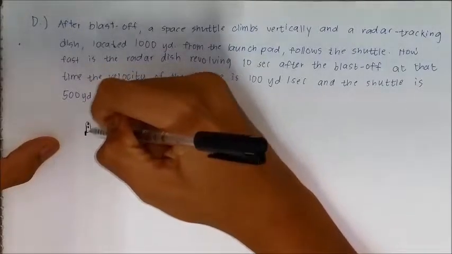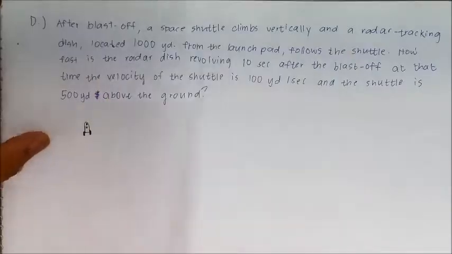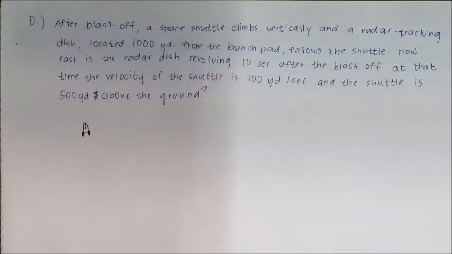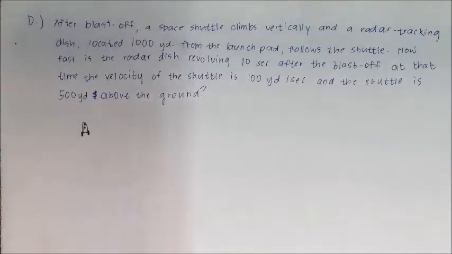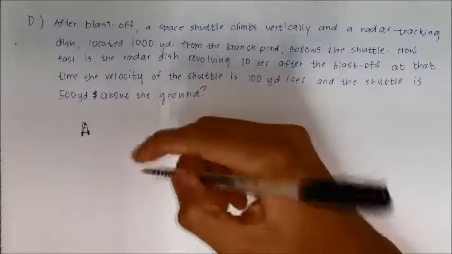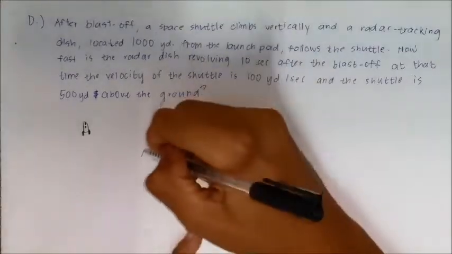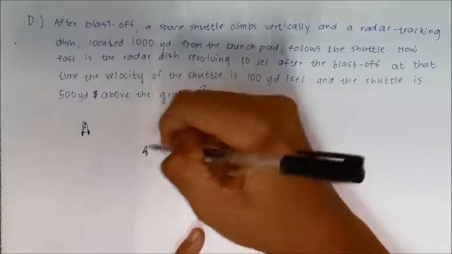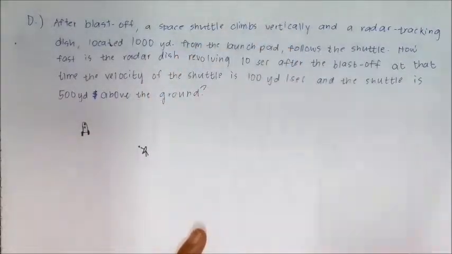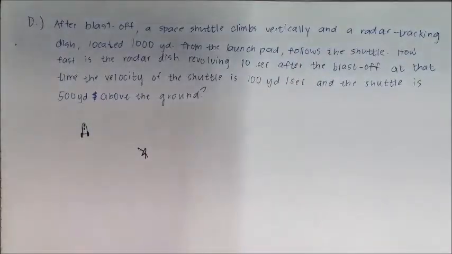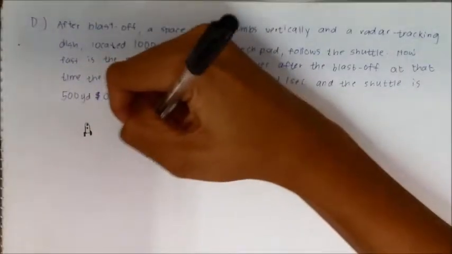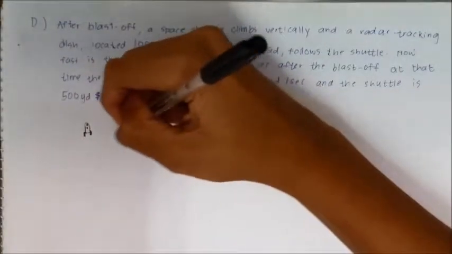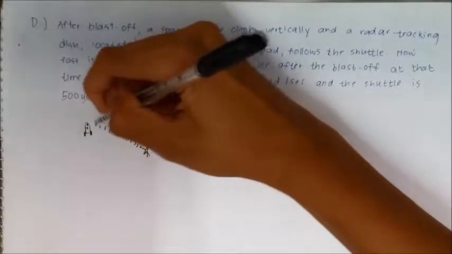Let's go on here. According to what's given, there's a radar tracking dish 1,000 yards away. This image will represent the radar tracking dish. Now the radar tracking dish is following the shuttle.